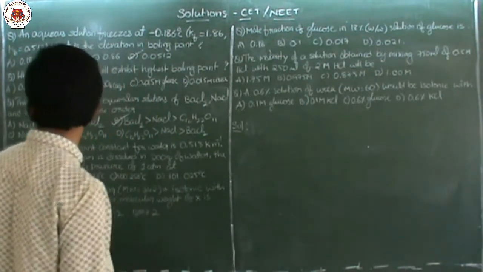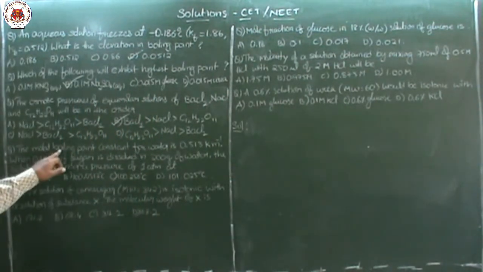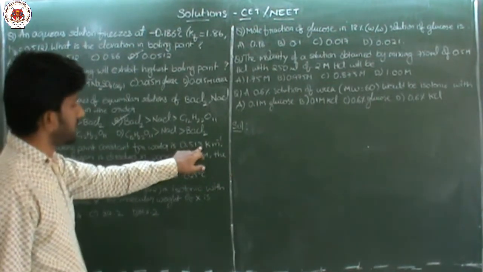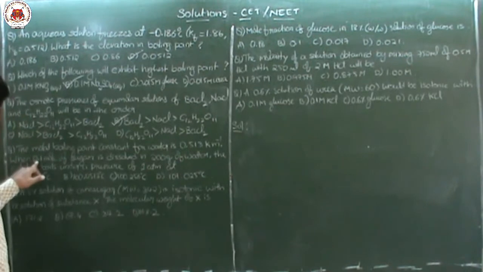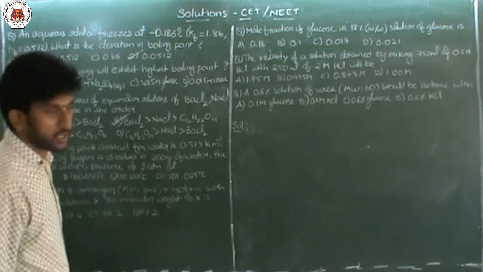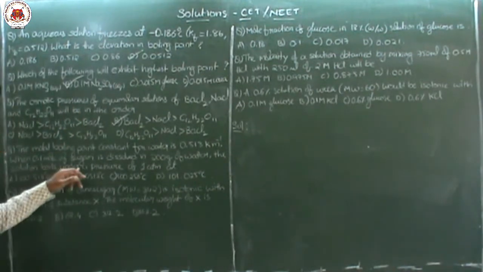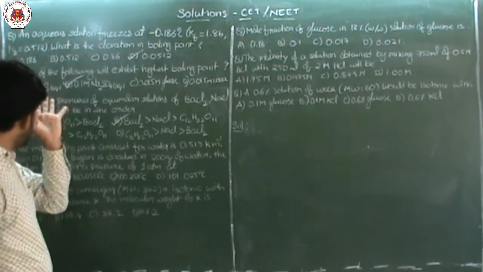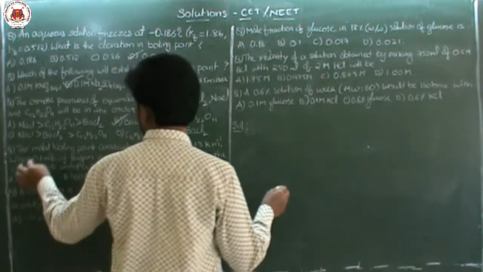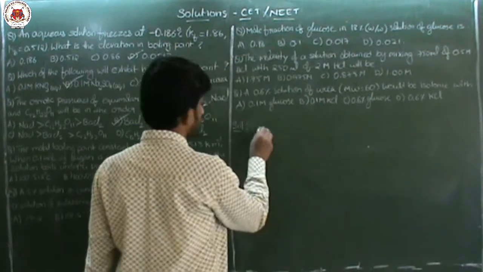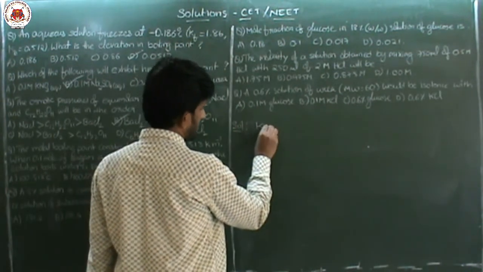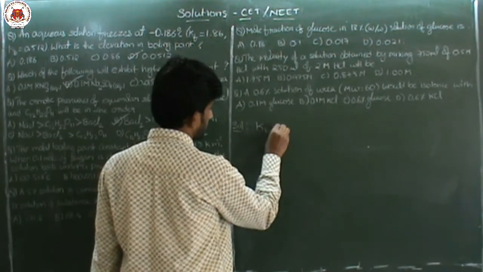Next question is, the molar boiling point constant for water is 0.513. When 0.1 mole of sugar is dissolved in 200 grams of water, the solution boils under a pressure of 1 atmosphere at? So first let us write the information given. Molar boiling point constant means molar elevation constant, nothing but Kb.